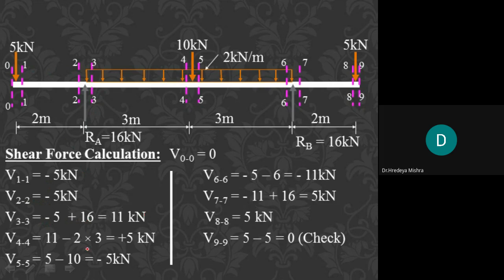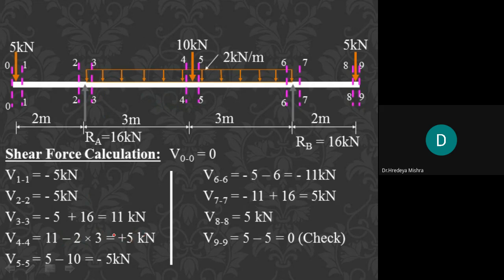Now from 3-3 to 4-4 there is no point load, but there is UDL, which is downward. Total length is 3, so 11 minus 2 into 3.